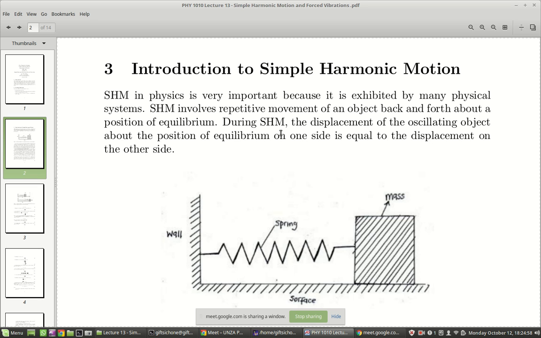Okay? Simple harmonic motion is also sometimes called vibrating. Something is vibrating or something is oscillating about a position. Okay?